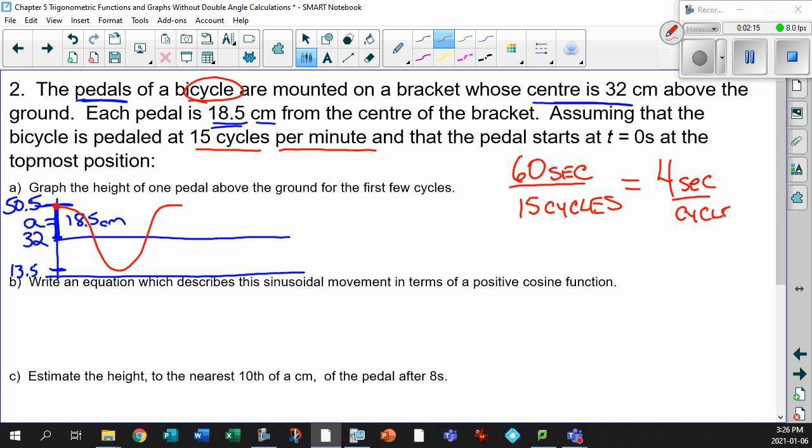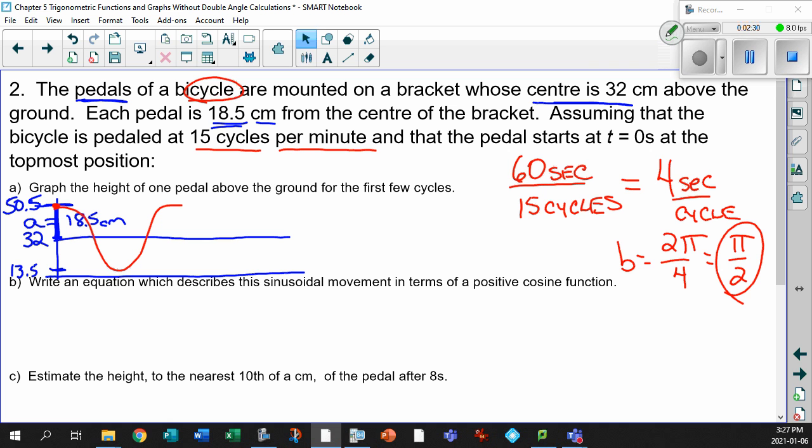Guess what I just figured out? I just figured out the period. So your B value is 2 pi over the period, which reduces to pi over 2. There's your B value. So easy. Your D value is 32, and your amplitude is 18.5.